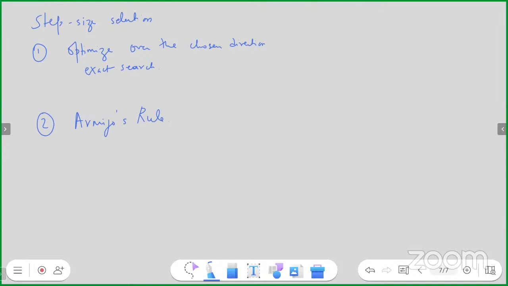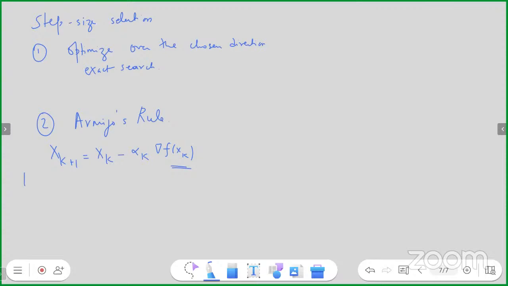So what is the rule? The rule is as follows. The method remains as before, that x_{k+1} is x_k minus alpha_k times the gradient of f at x_k. You can choose something else also if you want, but if you're following gradient descent, that's what you use. All we're going to alter is the choice of step size, which is alpha_k.